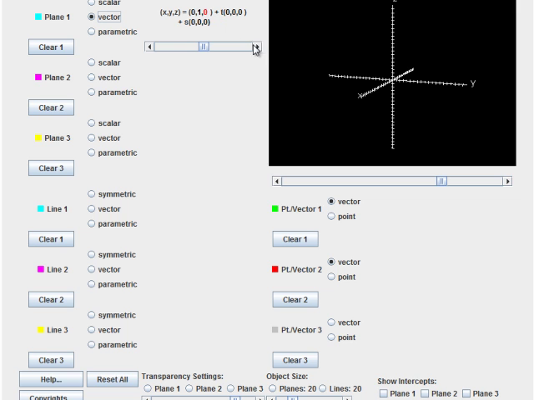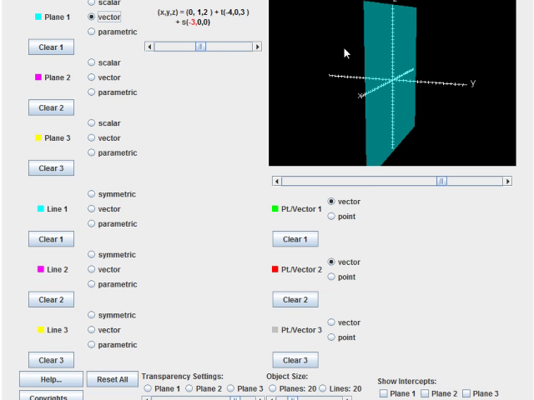I'm going to click twice here to go up to 2. And for the first parameter, that was -4, 0, and 3. And I'll get that. And then for the next vector, I'm going to click on here, which is -3, 0, 0. Okay, so the plane has been formed.